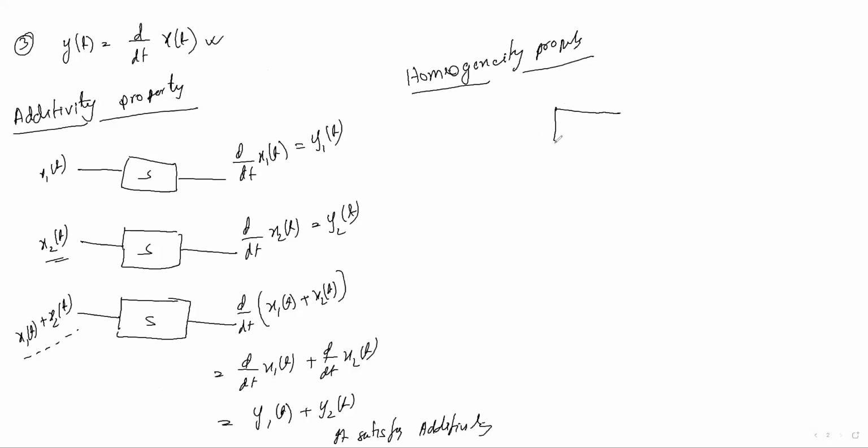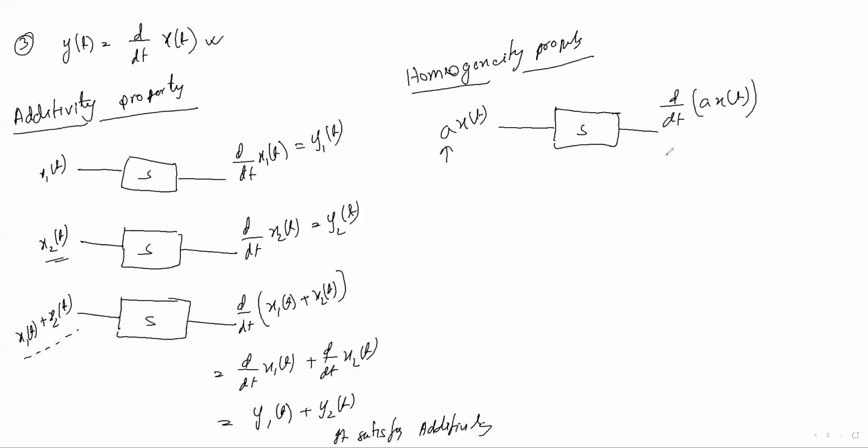In the same system, we have to take a signal multiplied with a constant a. I have taken any signal x of t multiplied by a. What will be the output? Output would be ∂ by ∂t of a x of t.